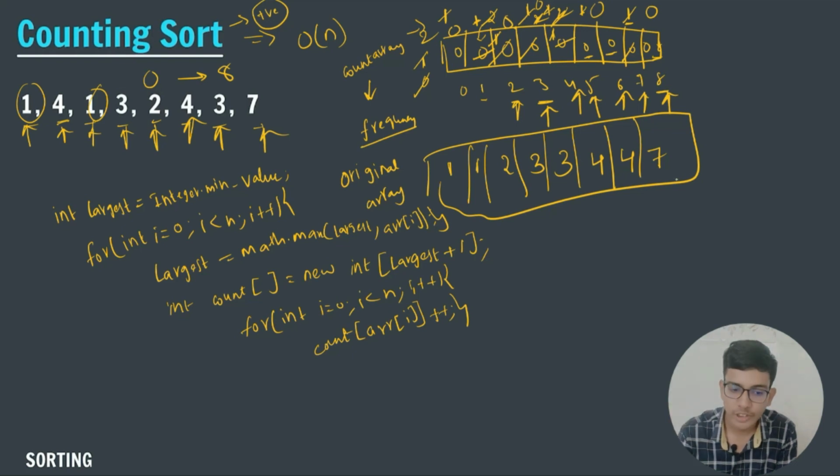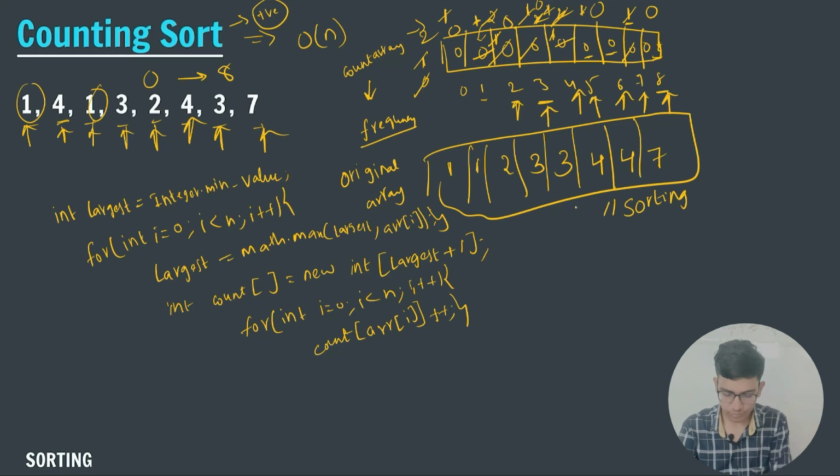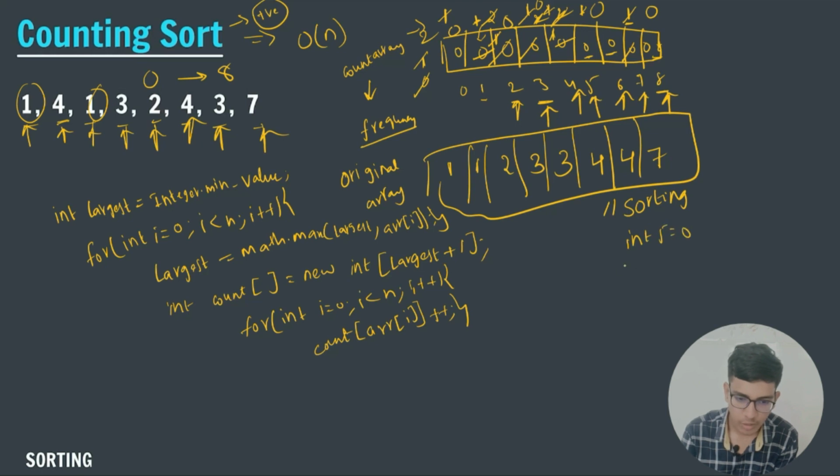After that, I am going to sort my elements, so the sorting step will come here. To sort, I am going to create a variable int j equals 0. After that, I am going to run my loop: int i equals 0, and i should be less than count.length.